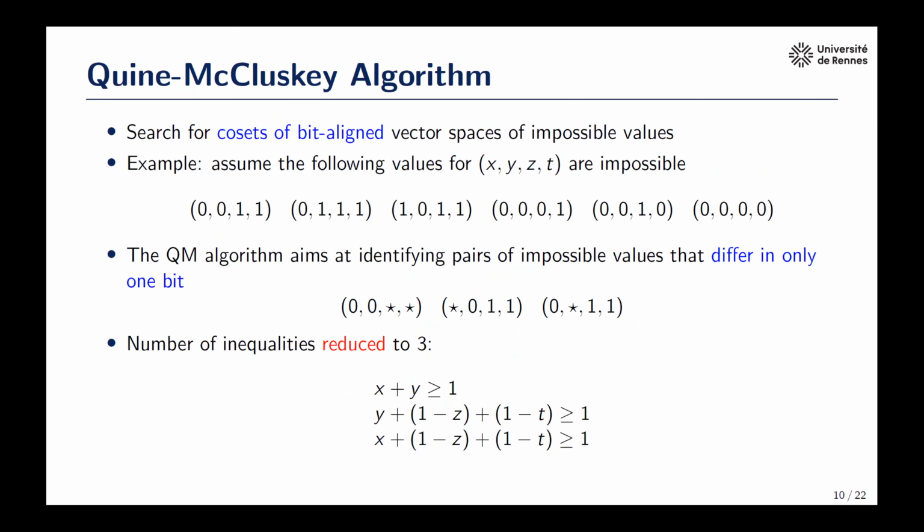How it works: you just search for vector spaces of impossible values. First there is a saturation phase in which you merge impossible values together and find some vector spaces for which all values are impossible. If you apply that to this example, you will reduce the number of inequalities from 6 to 3.